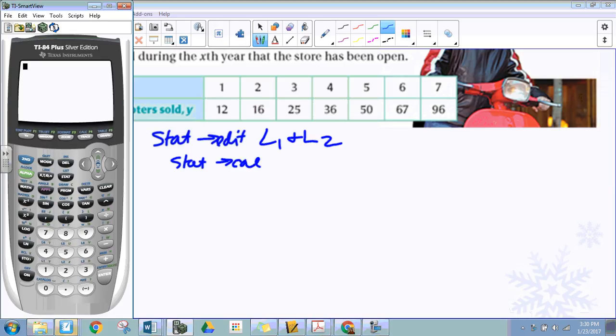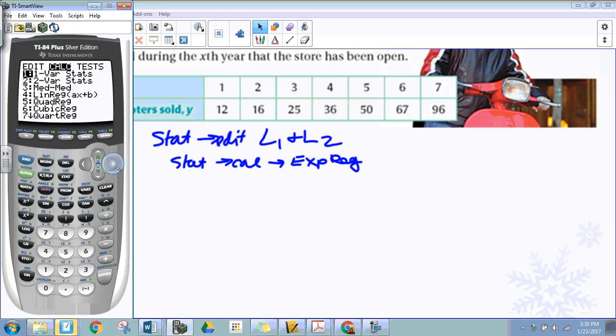And then this time we're going to do exponential regression. Okay, because that's what we were looking for, an exponential model. So stat, calc, and then exponential, you're going to have to arrow down a little ways. Exponential is 0. So then you're going to hit enter, enter, enter, enter, calculate.